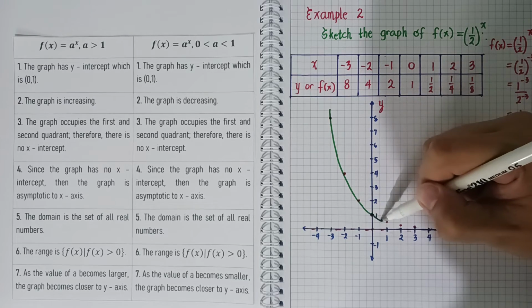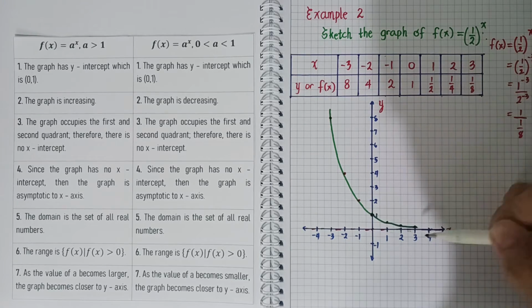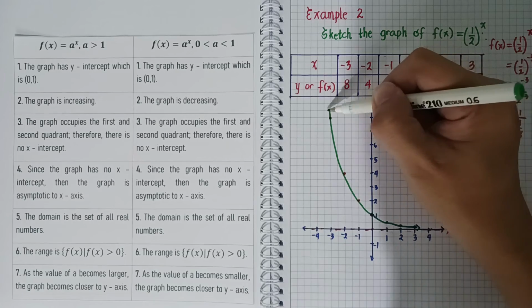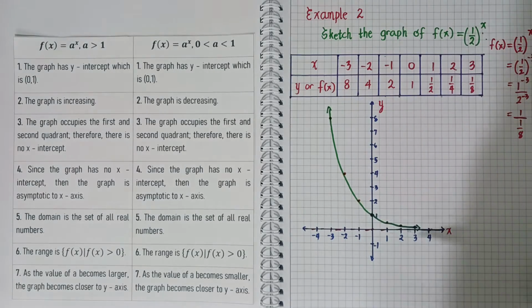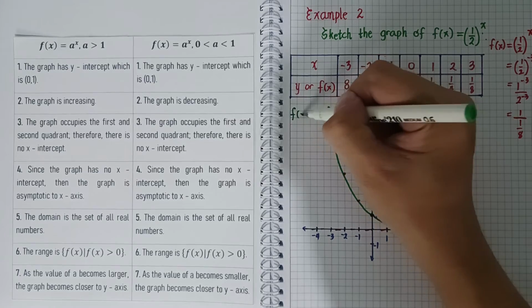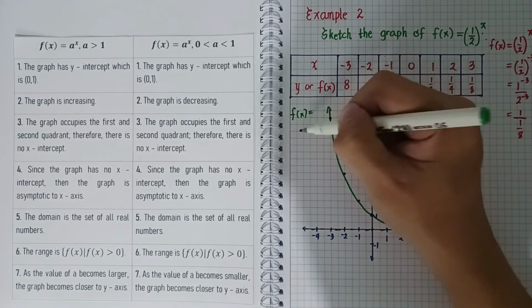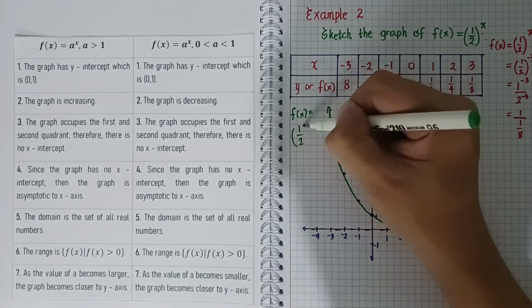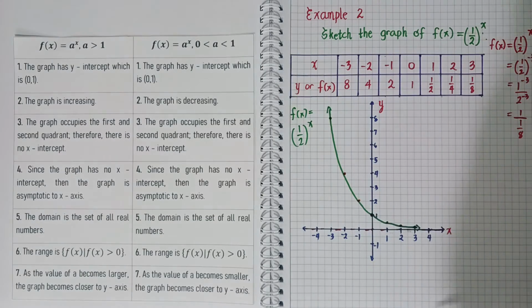Ayan. So, ganun din, yung katulad na ginawa natin kanina. Maglagay tayo ng label. So, this is f of x equals 1/2 raised to x. So, ayan yung graph niyan, guys. And then, hanapin natin yung mga properties nito, ng graph natin na yan.